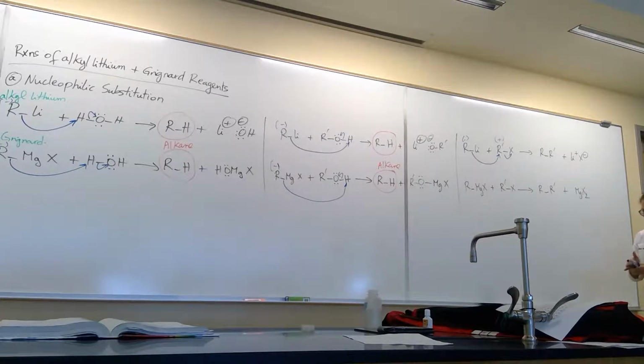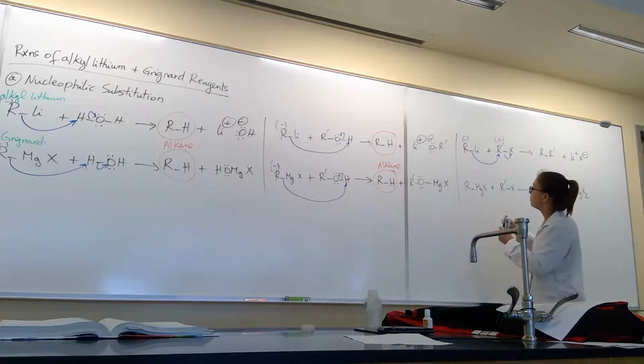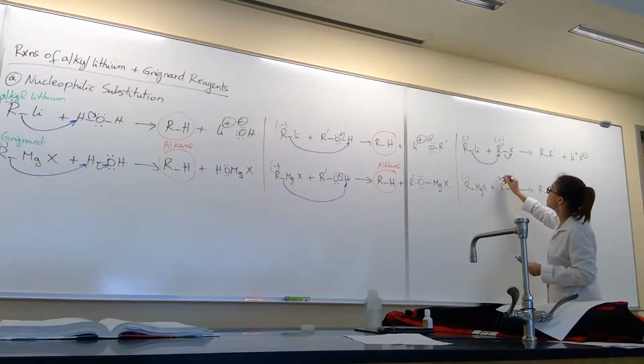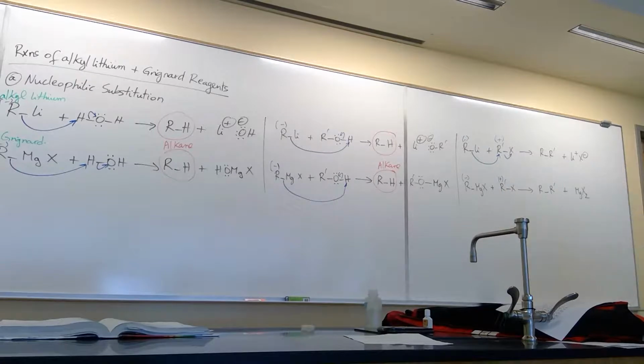So again, in organometallic, the carbon is always negative. In the other substances, the carbon is always positive.